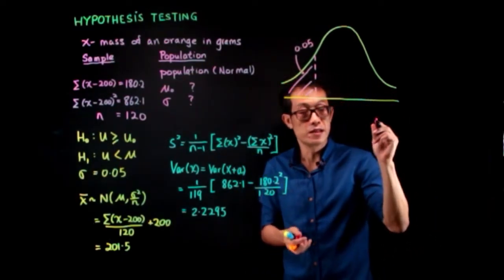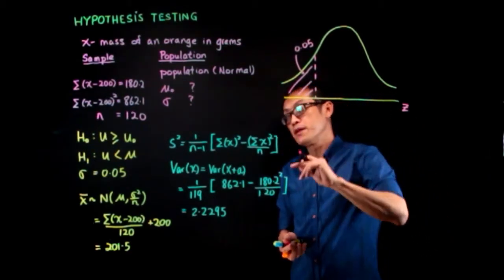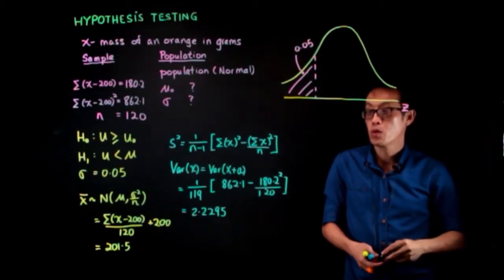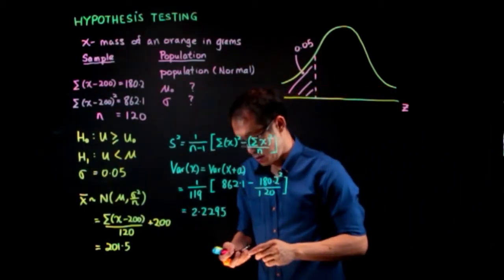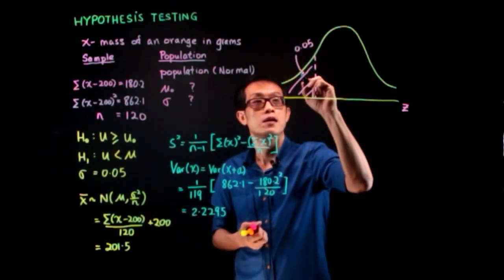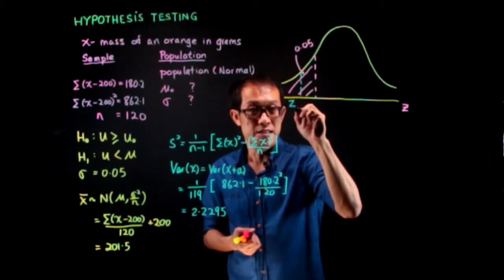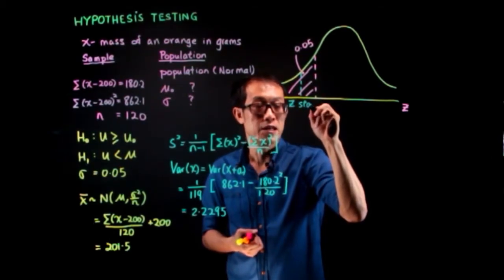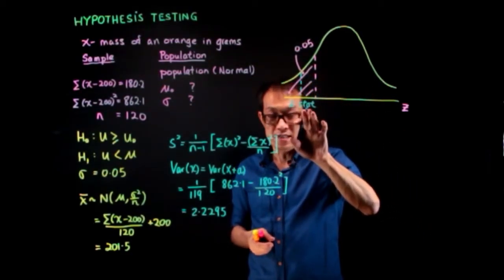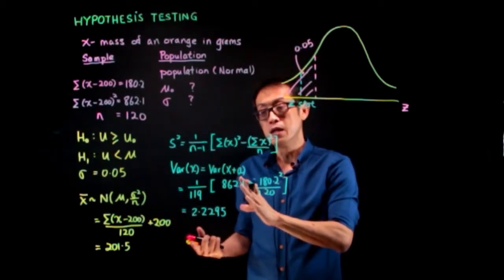Now this is the standard normal graph. You want the null hypothesis to be rejected, so your statistic must lie on this side. This is your z statistic, your z test, because you are doing the z test. If you use the t test, then this will be the t statistic, which I will explain later, because if you want a more accurate answer, you can use the t test.